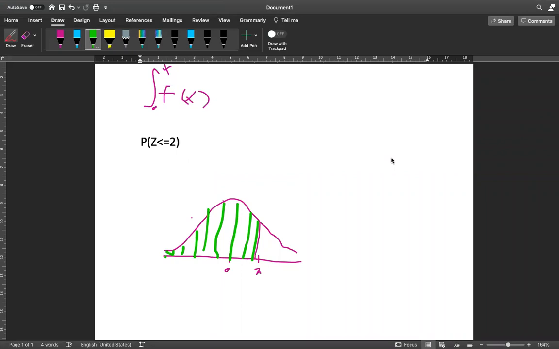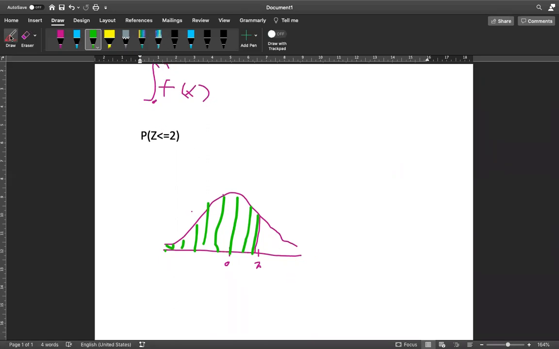Remember, the z is one that moves from negative infinity to positive infinity. Remember, we mentioned that. So it's not like your typical binomial or Poisson distribution. Okay, thank you very much, Maureen.